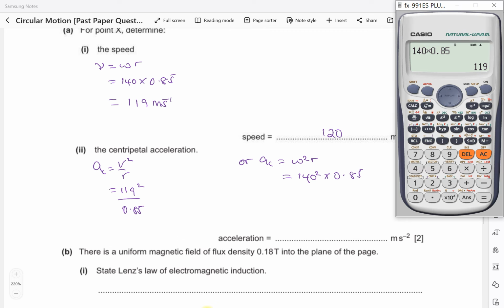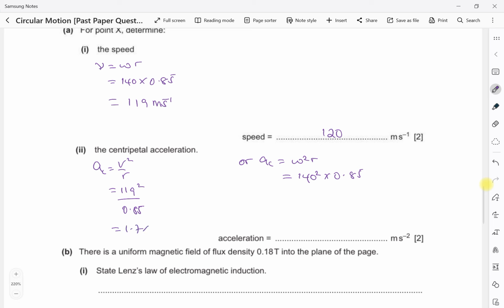I'll check the calculator. 119 squared divided by 0.85. That's 16,660, which is 1.7 times 10 to the power of 4 meters per second squared. And I'm sure this is the same, 1.7 times 10 to the power of 4 meters per second squared.